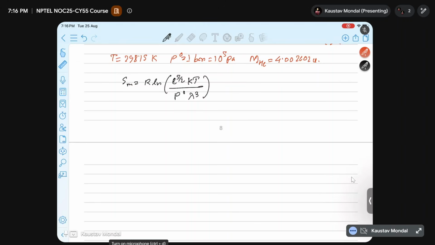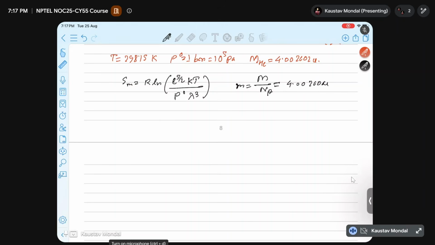Okay, so to do that, the mass would be basically molar mass, that is M divided by N_A. Okay, that is given here as 4.002602 U.